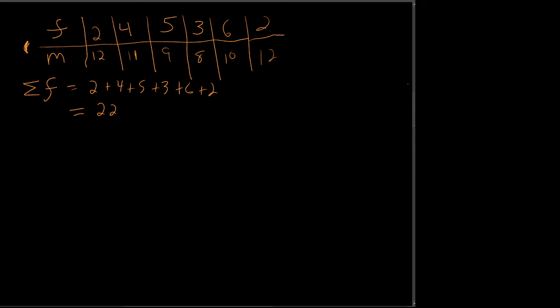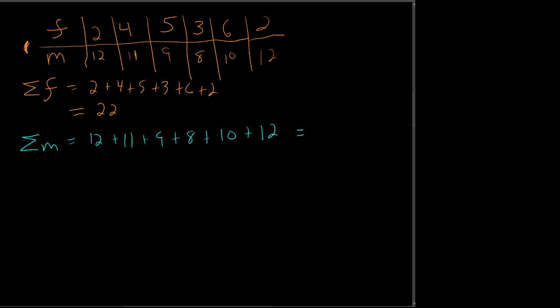And I can also talk about the sum of my m's, which is 12 plus 11 plus 9 plus 8 plus 10 plus 12. So 23, 32, 40, 50, 62.